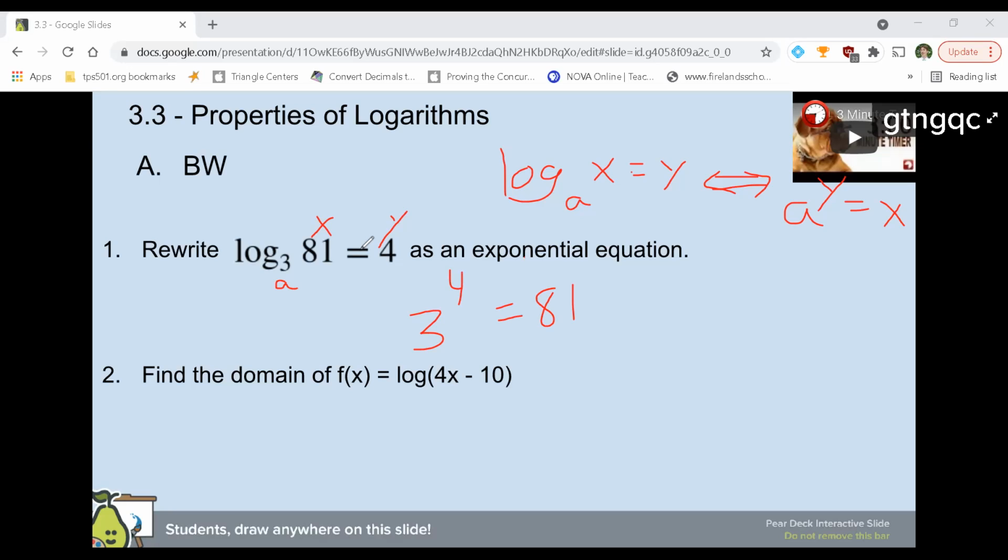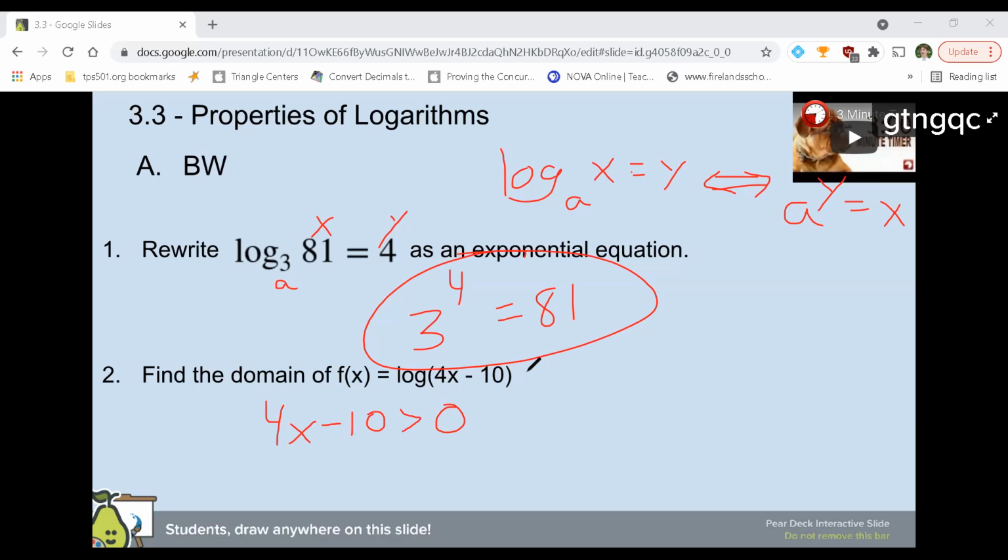All right, number 2, we need to find the domain of this function. Does anyone remember how I start that? What do I need to write? It's very close. We don't say equal to 0. U greater than 0, that's right.